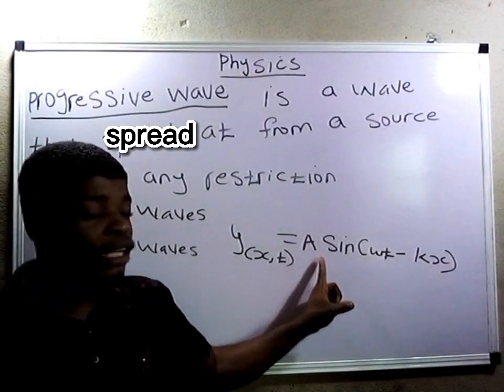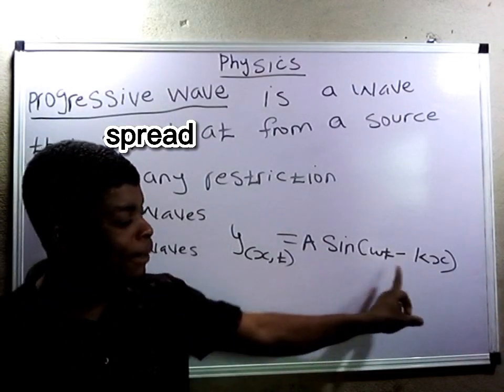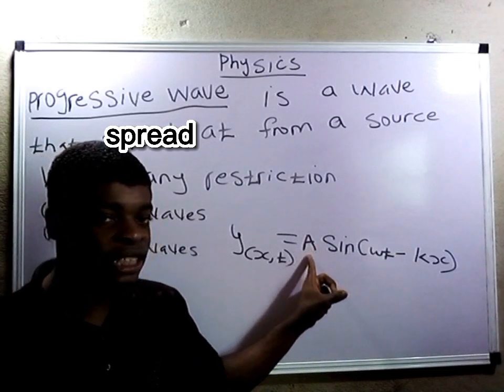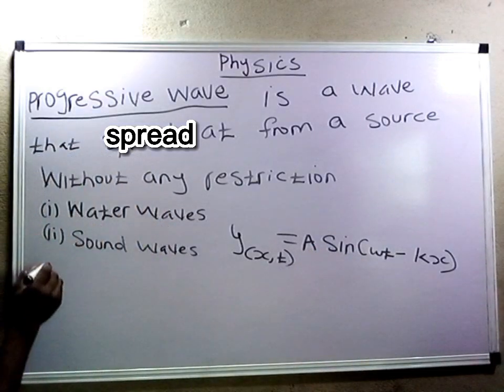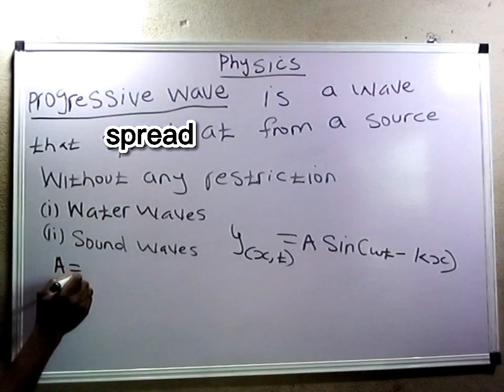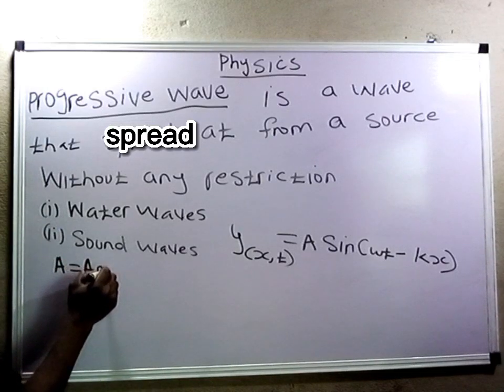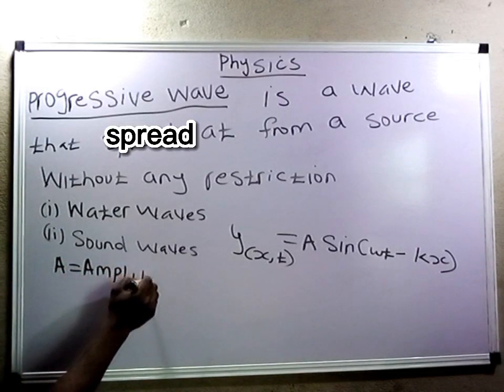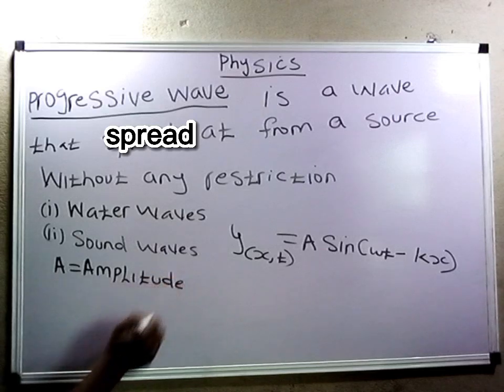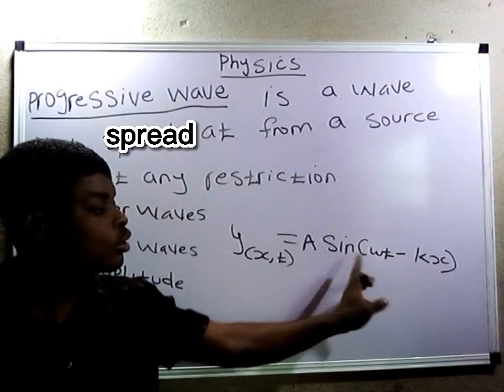So we can therefore say what each letter represents. Starting with A, A is called your amplitude. That must be noted. This is sine, of course.